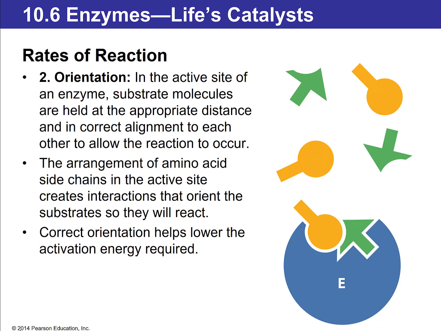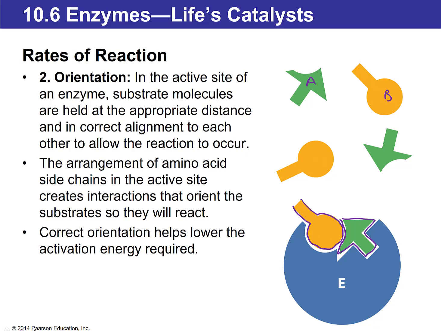So I like this image because it shows, if this is A and B, they can bounce against each other in lots of different ways. The only way A and B are going to be able to react is if they're just like this. And that's what the enzyme does. So it takes A and takes B and it puts them together in exactly the right orientation.